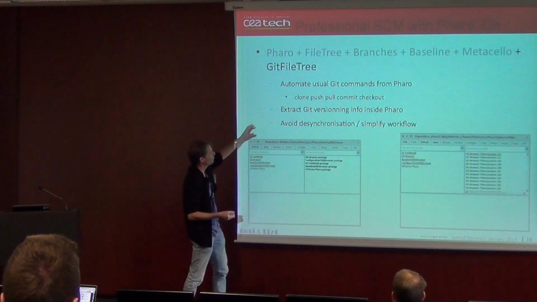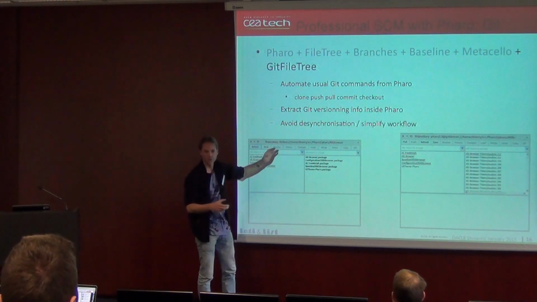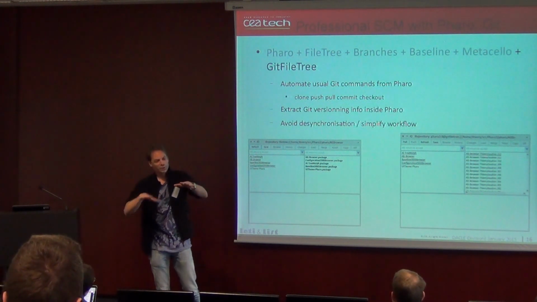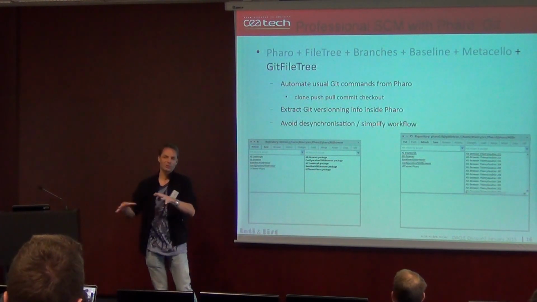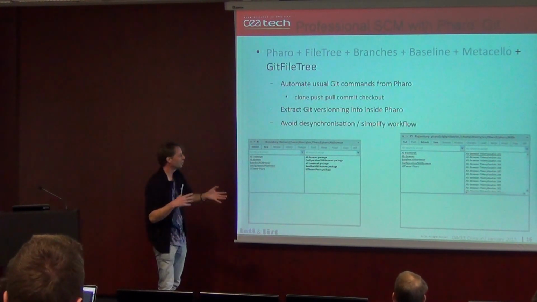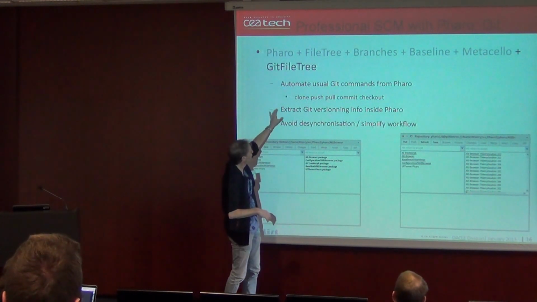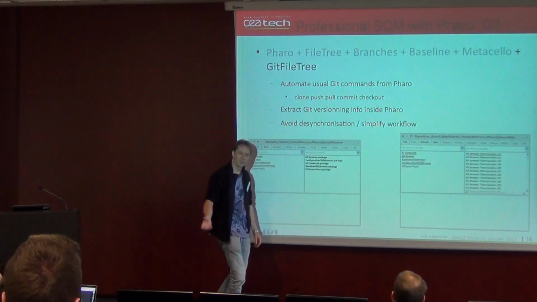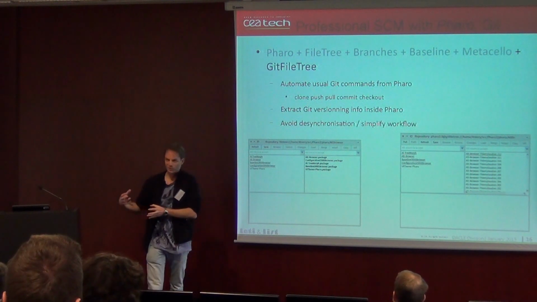One of the things is to avoid desynchronization, so that what I do in the image is the same as what is in the git. When I save the package, I commit the package. If you work that way, that works. The second idea is to extract git versioning info so that you get it back into Pharo and you can explore all the history of your git.